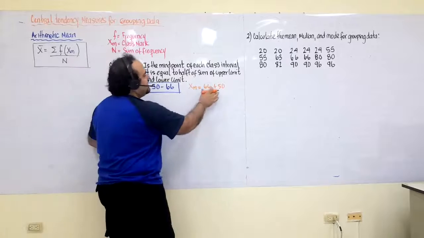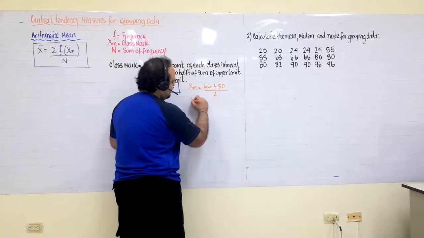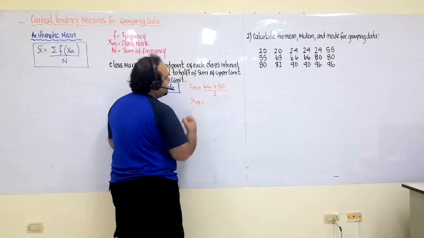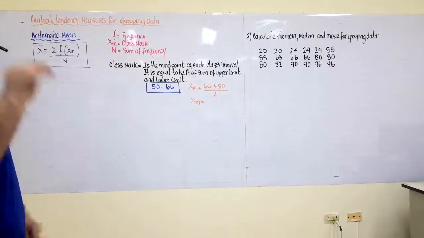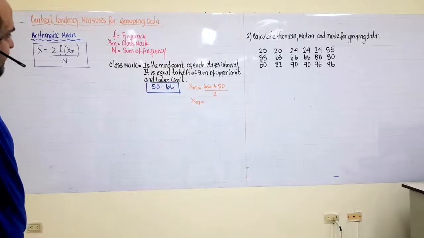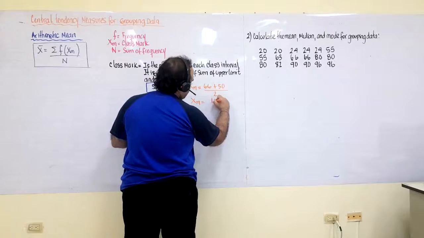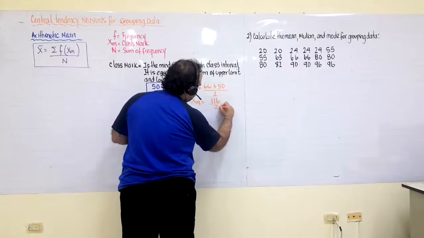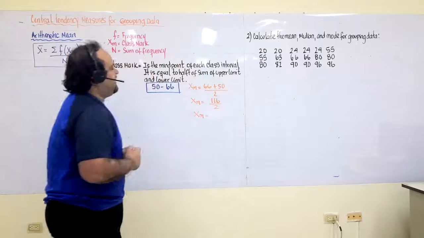That means the addition of these two numbers will be divided by 2. So the class mark will be 66 plus 50, that is 116, divided by 2.